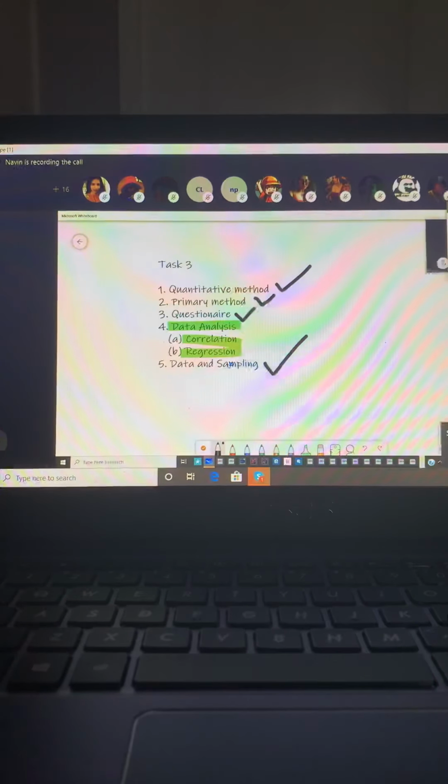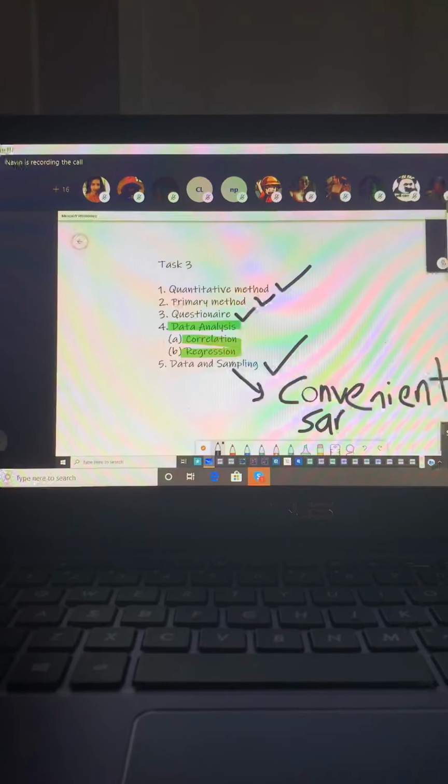For example, you do sampling, random. Actually you are not doing random, you are doing convenient sampling. Do you still remember the meaning of convenient sampling?